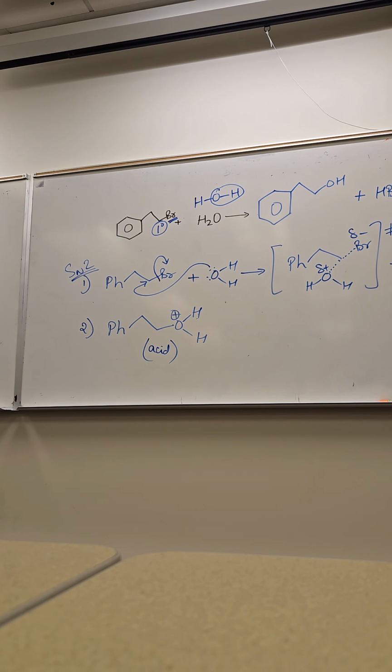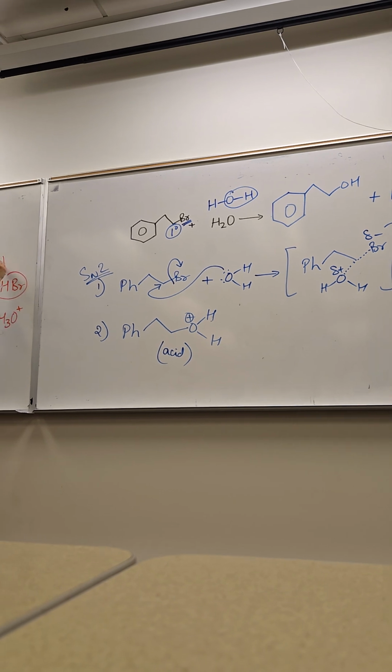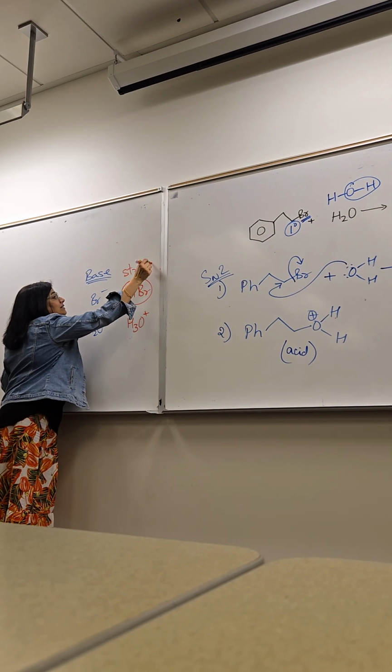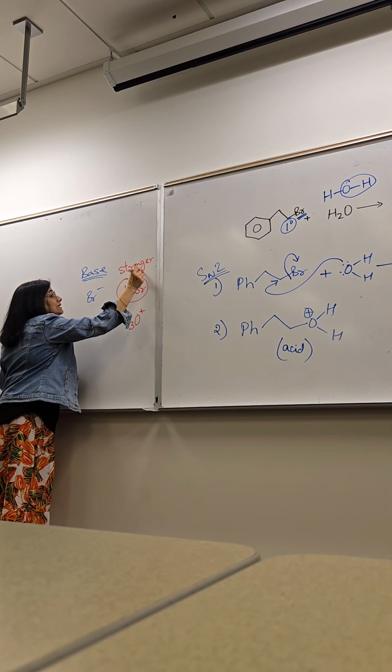Look at their conjugate acids. What's the conjugate acid of Br minus? HBr. And what is the conjugate acid of H2O? H3O plus. Which of these is the stronger acid? HBr. So if this is the stronger acid, which of these is the stronger base?